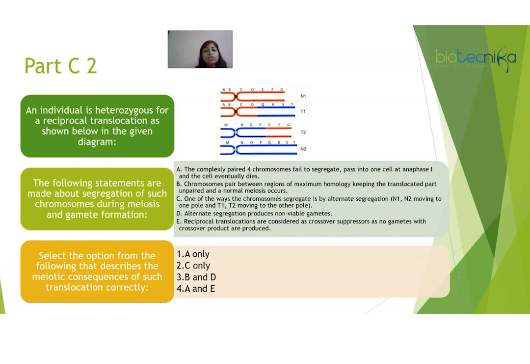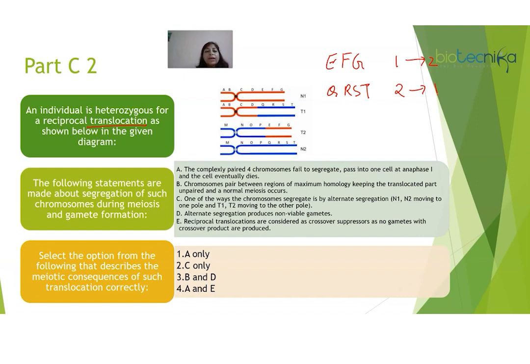N1 and N2 are the normal copies of the chromosome, and T1 and T2 are the copies which have undergone the translocation. So EFG has been transferred from 1 to 2, and QRST has been transferred from 2 to 1.